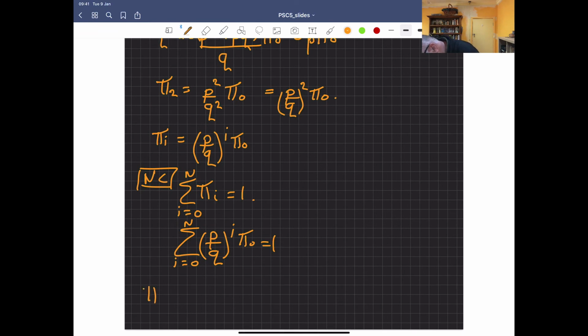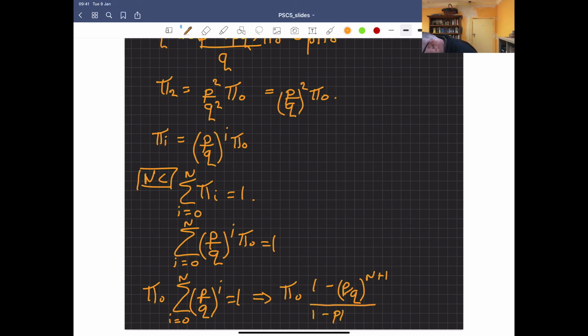So that's going to be pi 0 times the summation as I goes from 0 to n of p over q to the I equals 1. Well, if you go back and have a look, you can actually write that summation as pi 0 times 1 minus p on q to the n plus 1 over 1 minus p over q.